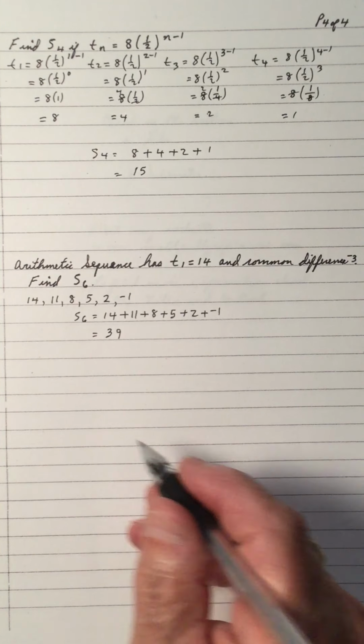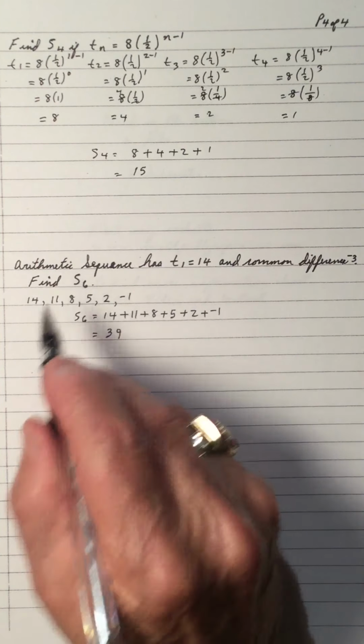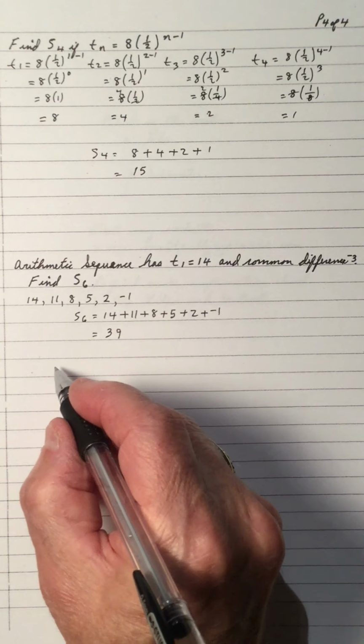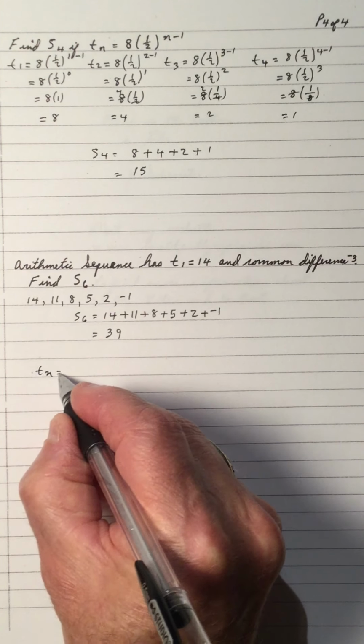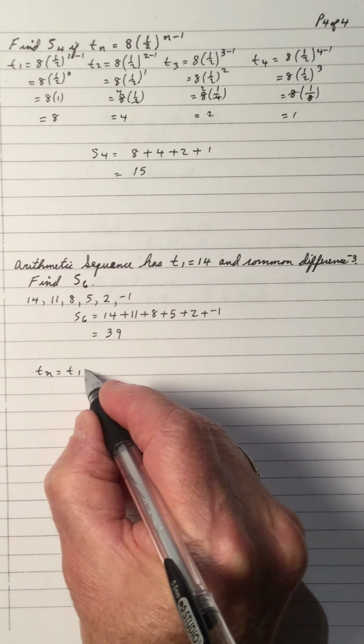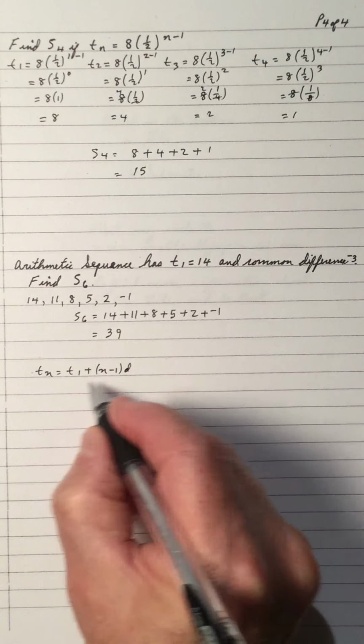But there's another way. I did it by noticing it's an arithmetic sequence and the common difference between terms, so this is going down by 3. We could have also done it this way. Tn is T1 plus n minus 1 times d. T1 is 14 plus n minus 1, the difference is -3.